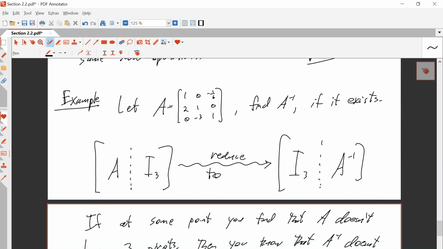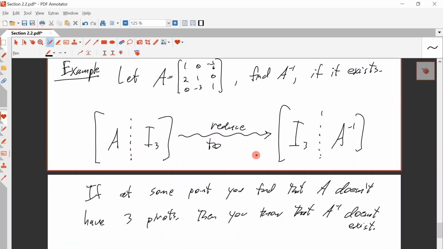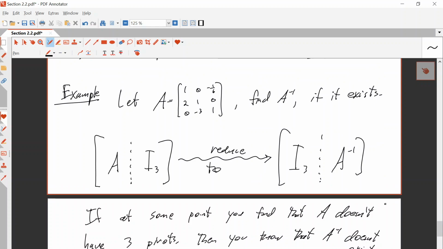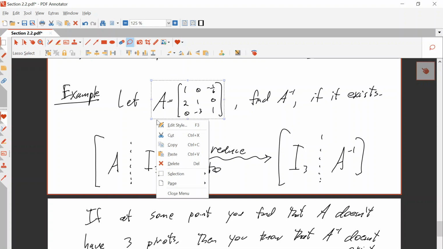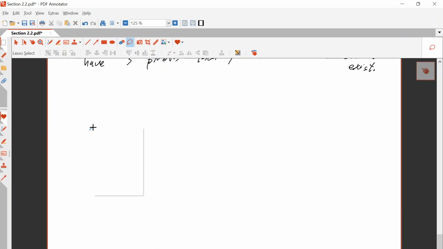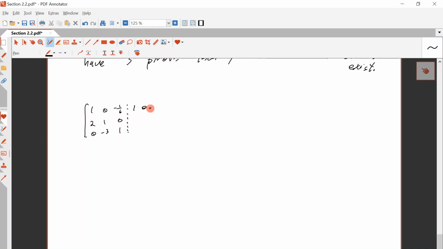Okay, so let's give this one a shot. So here we've got this matrix here, and then you put the identity matrix here. Okay, so I'm going to subtract row 1 from row 2 twice.